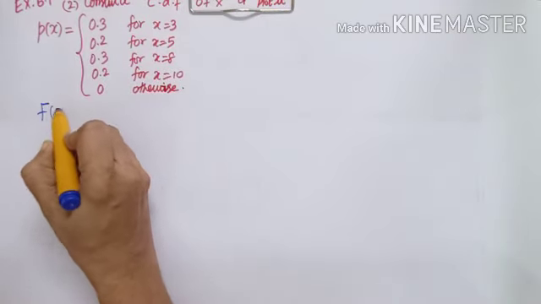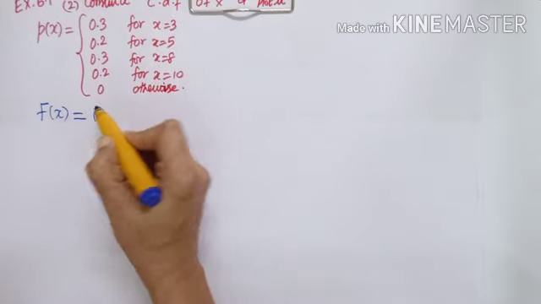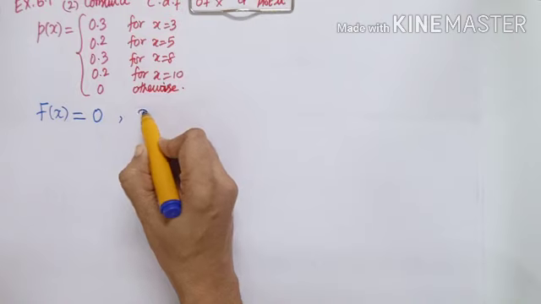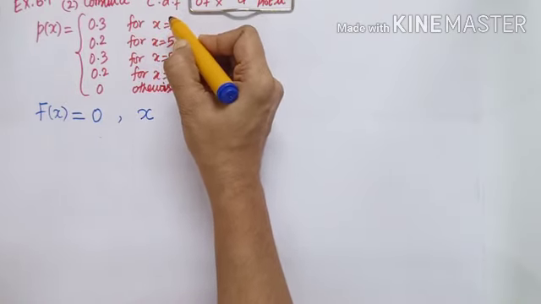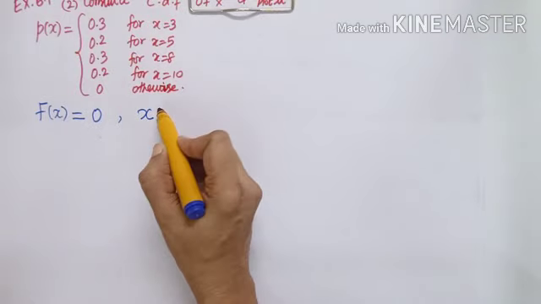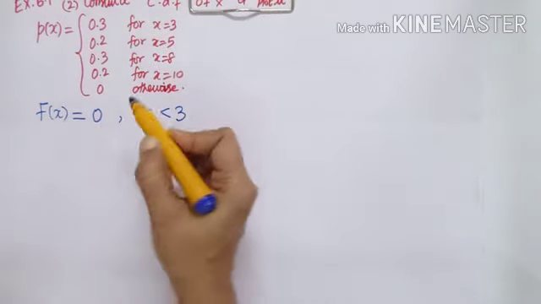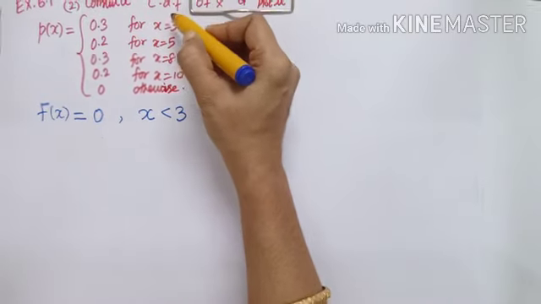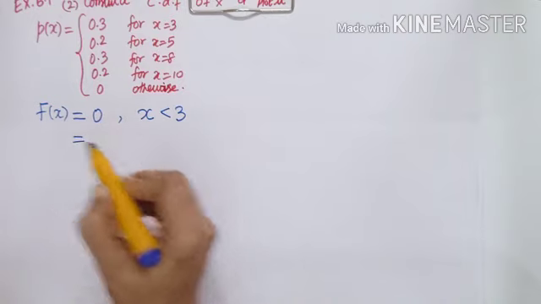How to write capital F of X? Remember, the very first value we put 0. The question starts at 3. So we will say below 3, the cumulative distribution function is 0. Always remember, below the lowest number, I have to put 0.